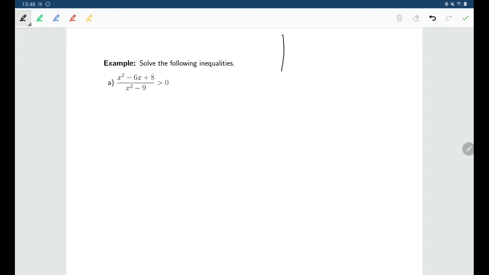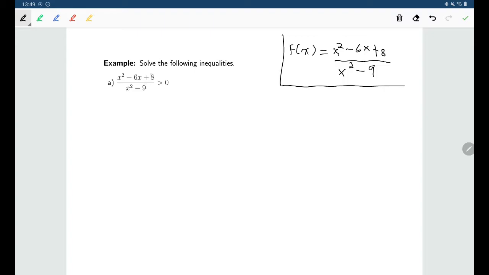I'm going to name this rational function f of x, because towards the end of solving this I'll need to evaluate this rational function at different values of x, so it's nice to have a name for it.